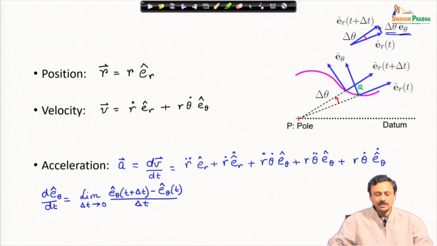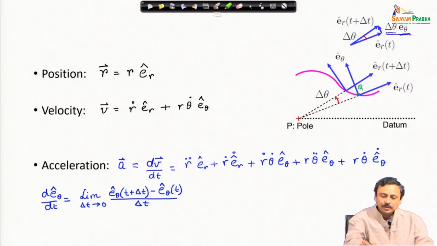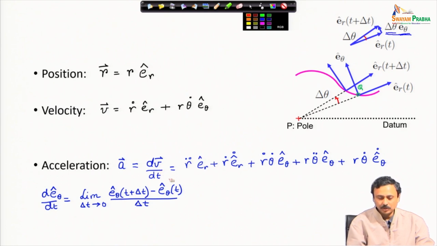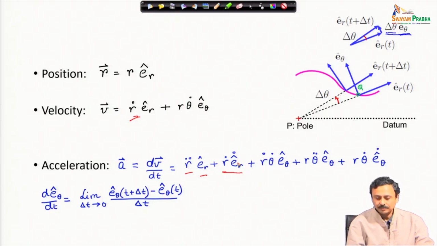Now, we go to acceleration vector. By differentiating the velocity vector, we have already found out. So, when we differentiate the velocity vector, we have time derivative of r dot, which is r double dot Er, plus r dot times the frame vector dot.